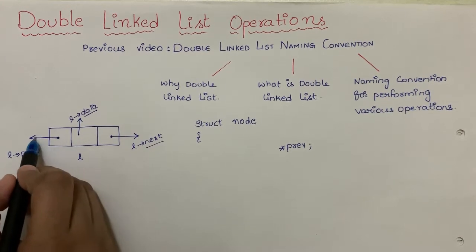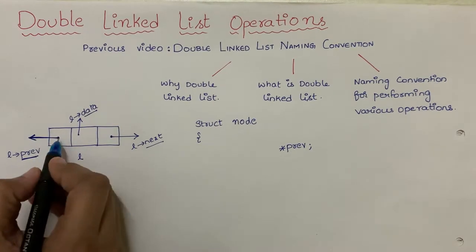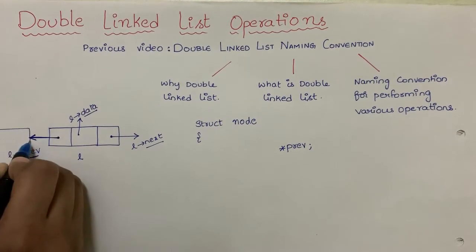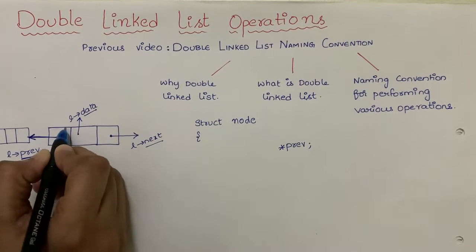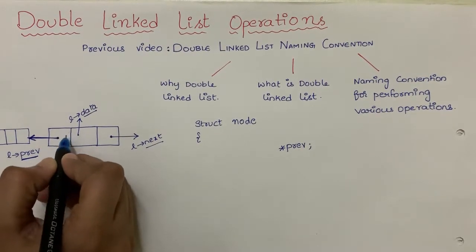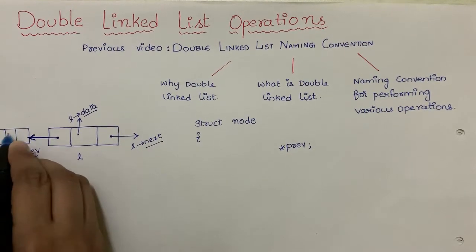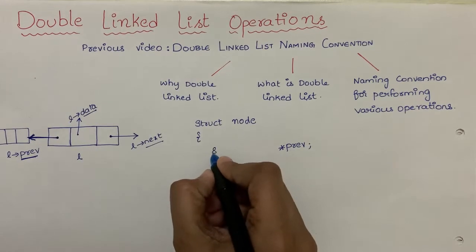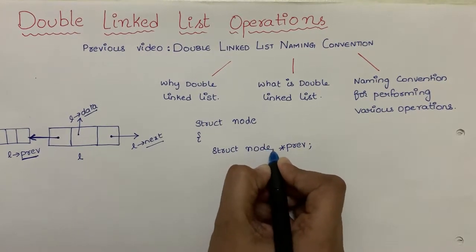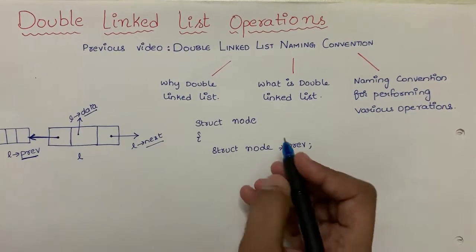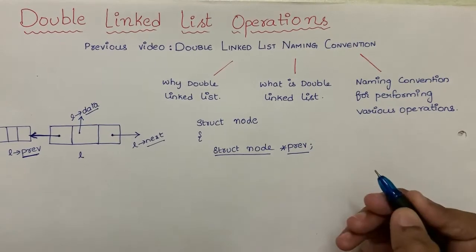As it is storing the address of the previous node, that means the entire previous node is being pointed to by this first field. So the type in turn itself is a node. So struct node star previous. This is the type of the node and this is the name.